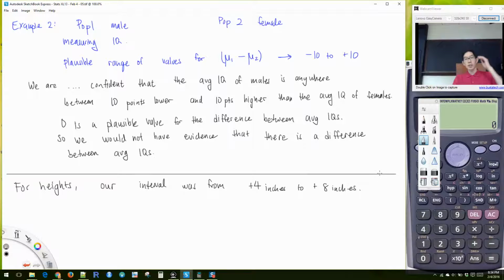And so in that case, our entire interval is entirely positive. Zero is not within the range of plausible values.